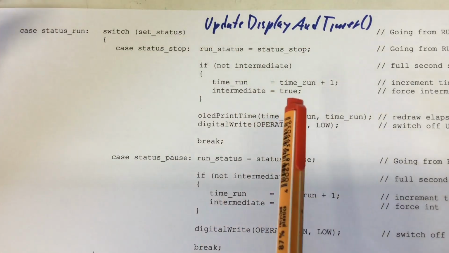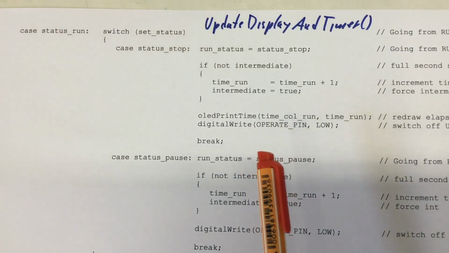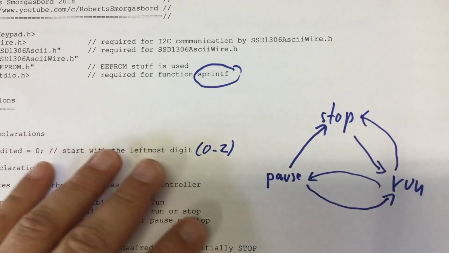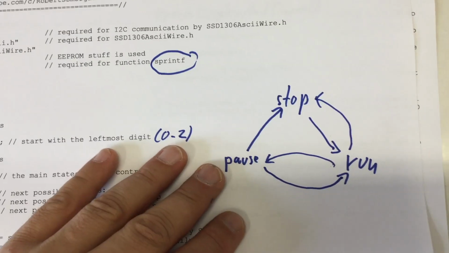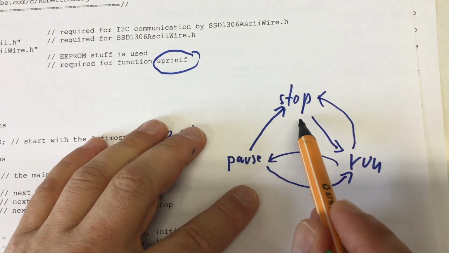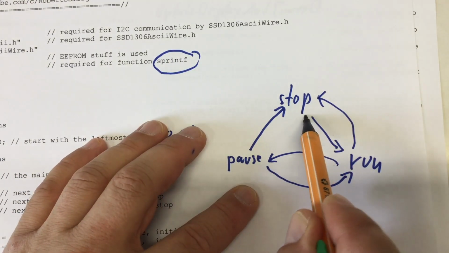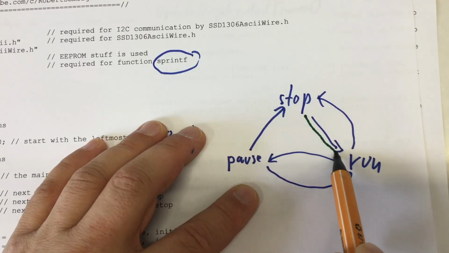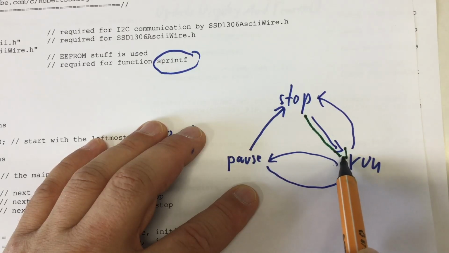We already saw the code. And if you remember what we've done so far, we went with the key from stop to run. So in our state machine, this path, we did that with the keypad.